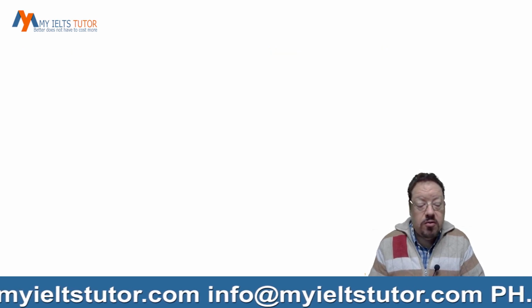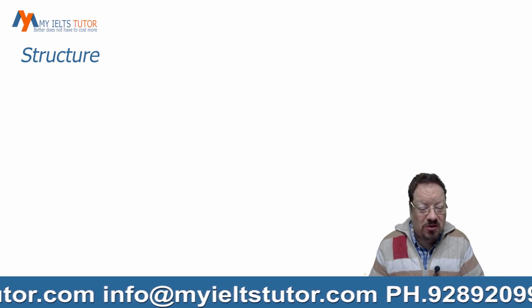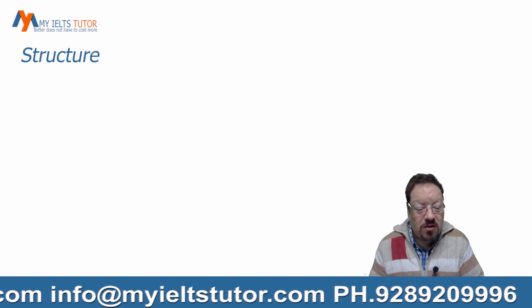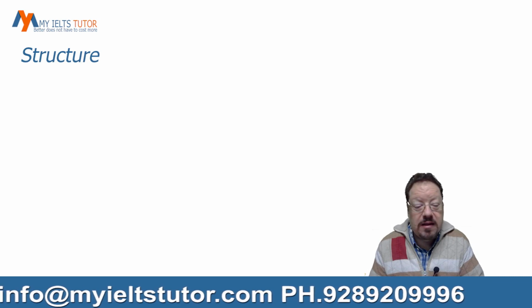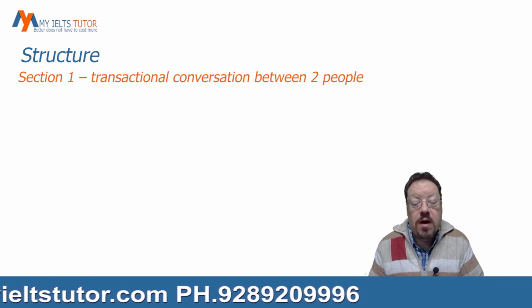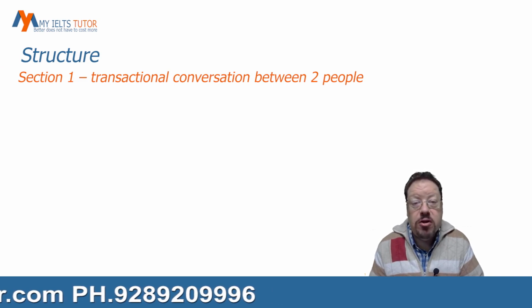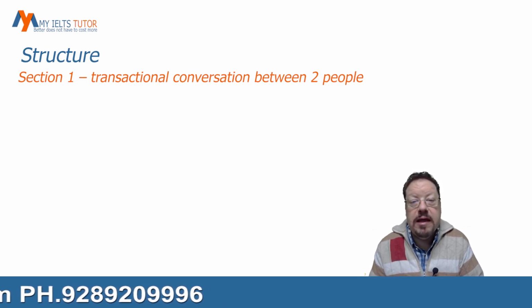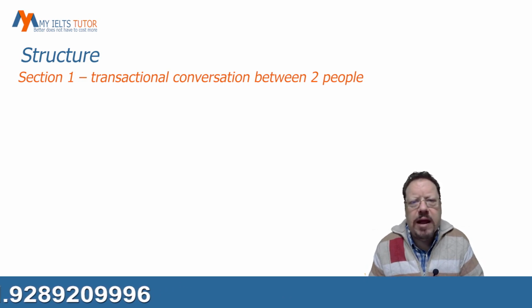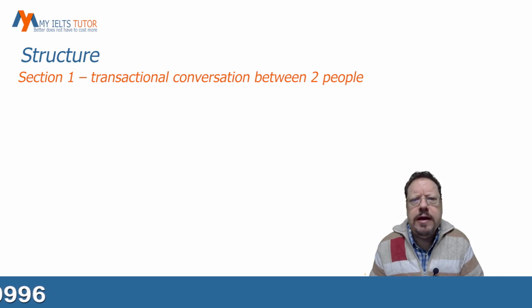Now, the structure. Let's take a more in-depth look at the structure. So we have section 1, section 2, section 3, section 4. Now, section 1 is a transactional conversation between two people in which someone is making arrangements for something, such as maybe renting a car or booking a hotel room, something of that nature.